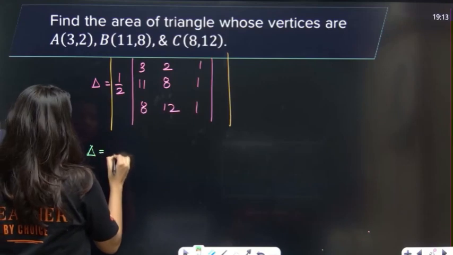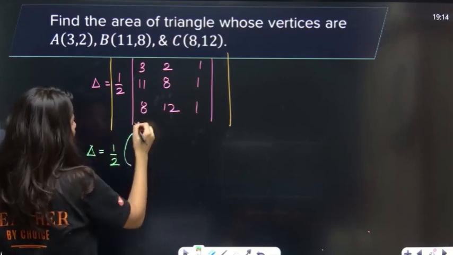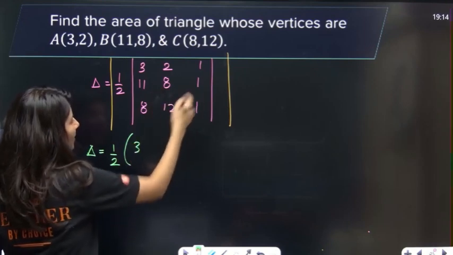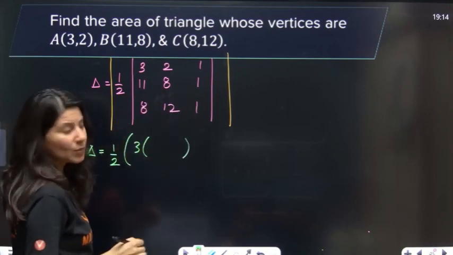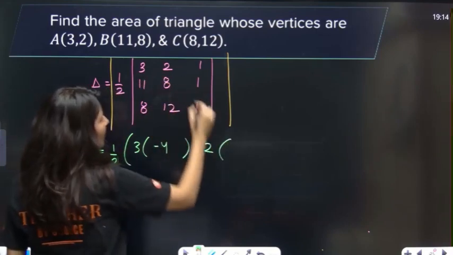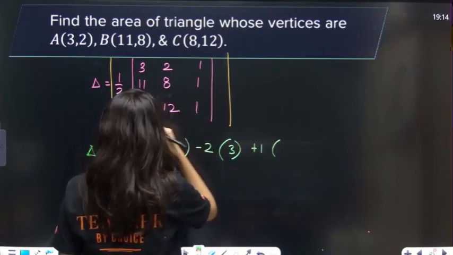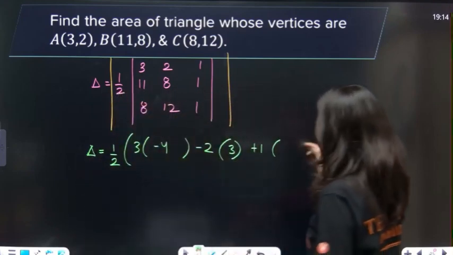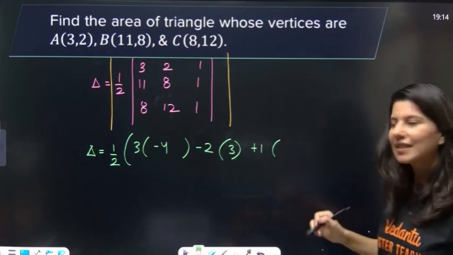So area is equal to half. Now, just open it. I feel we can open it. So this is 3 times 8 minus 12. 8 minus 12 is minus 4. Minus 2 times 11 minus 8. Then plus 1 times 11 into 12, which is 132, minus 64.